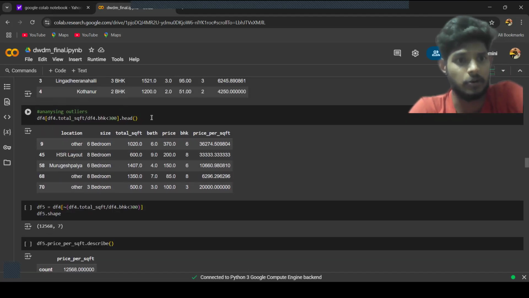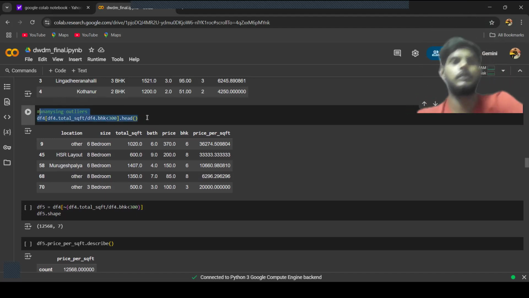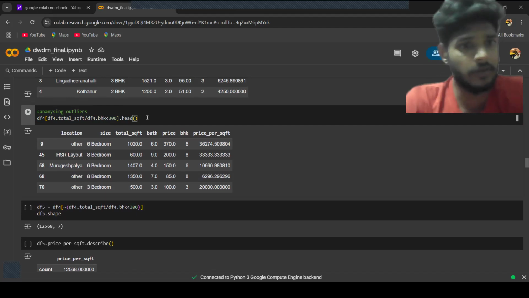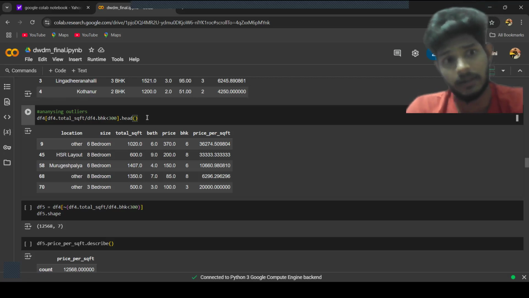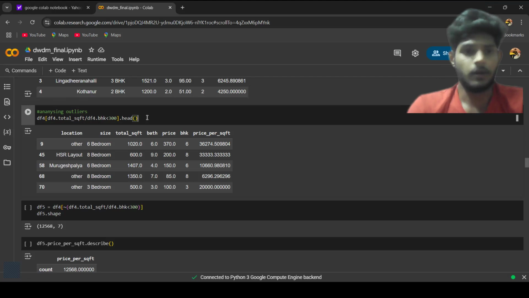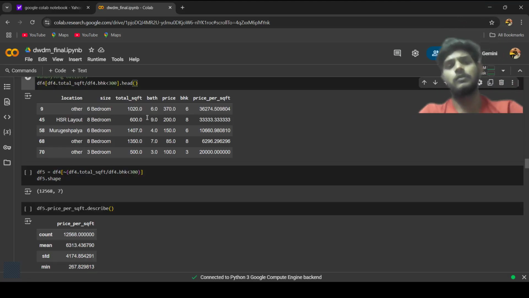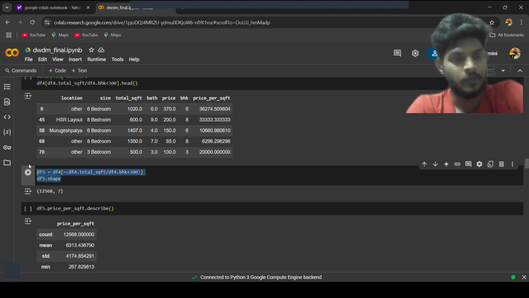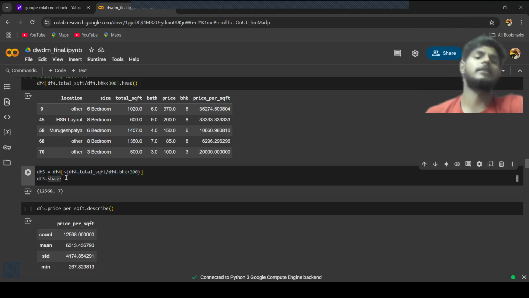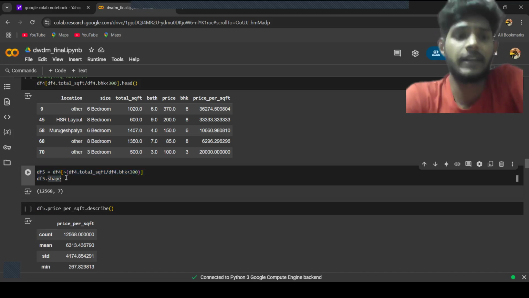Here we are analyzing the outliers. How do we analyze the outliers? In the data frame, if you divide the total square footage by the number of bedrooms, the BHK value, and it is very less than 300, that means they are completely outliers. We select the values which are greater than 300, that means these are not outliers, and we consider them into the data frame 5.